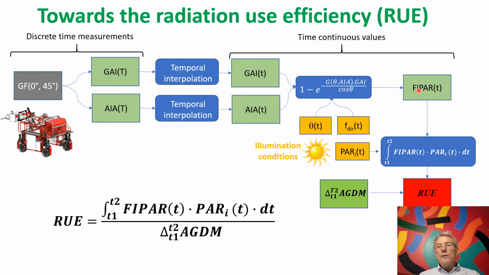Once we have got the FIPAR, we can combine it with the amount of incoming PAR every hour, and then accumulate, integrate that over the period to get the total amount of intercepted photosynthetically active radiation, and then by dividing by the total biomass, compute the radiation use efficiency.